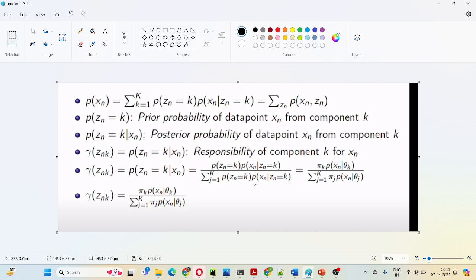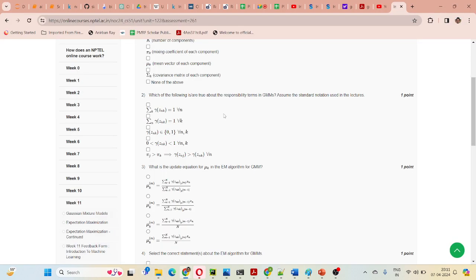This is the responsibility you have. You sum over something and see what can happen, sum over k and sum over n. Then this is between 0 and 1.